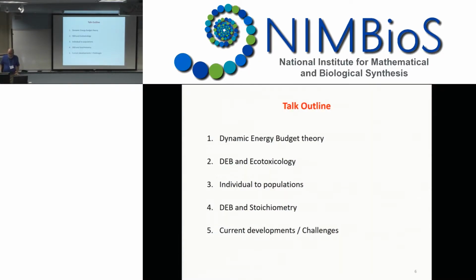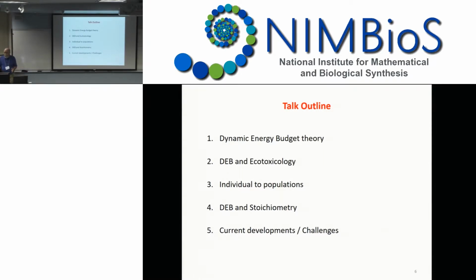So against that background, here's the outline of the talk. I'm going to start by saying something about what dynamic energy budget theory is, and then something specific about how it has been used in ecotoxicology.